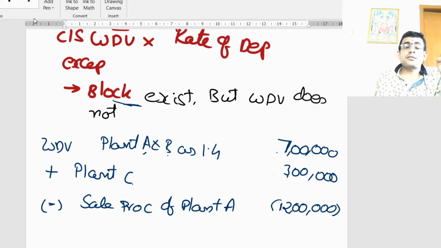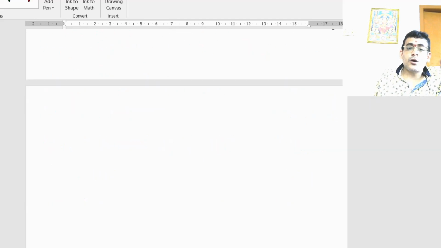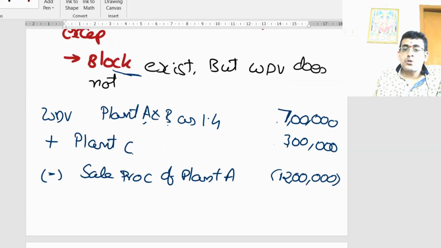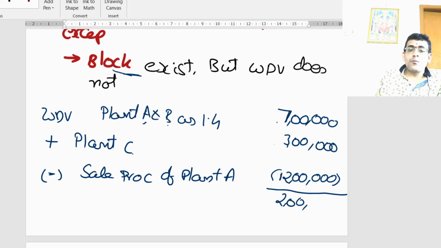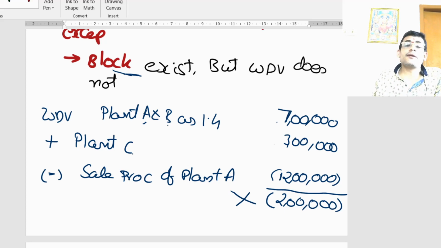The fundamental principle is WDV cannot be negative. You cannot have a negative WDV at all. So if I calculate here, I will be getting a 2 lakhs negative balance, but that is wrong. I cannot have a negative WDV. That means we are restricting your WDV to 0.